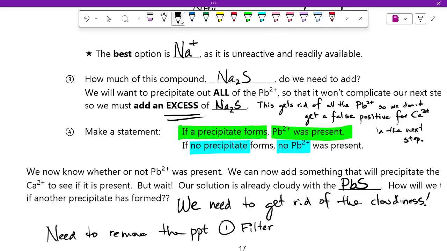Now, the only hitch with filtering is that you need a large enough volume, because if you have a small volume and you pour it onto the filter paper, it might just be that your solution goes into the filter paper and you've used up all the solution, nothing drips through, and you're like, oh, dang, right? So you need a large-ish volume.